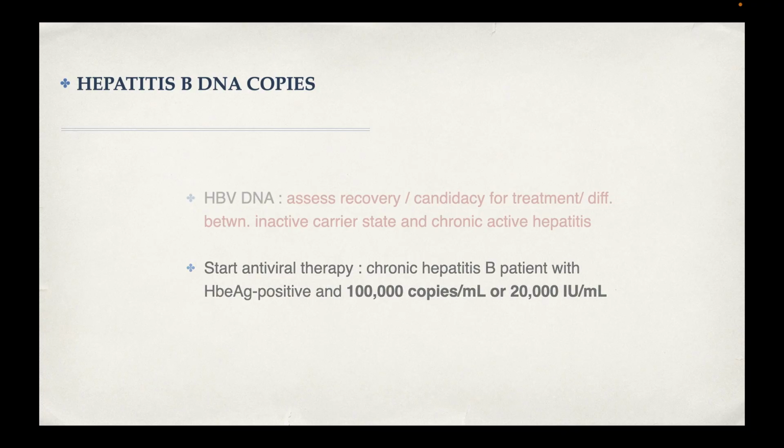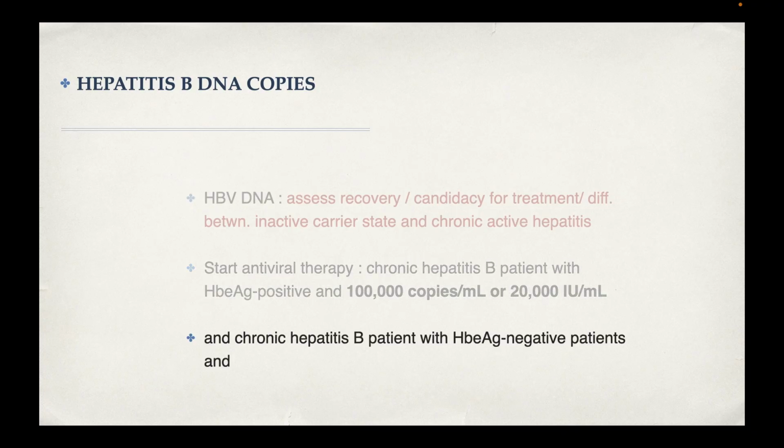Or if you have a patient who has chronic hepatitis B infection with hepatitis B E antigen negative, however, having viral loads of 10,000 copies per ml or 2,000 international units per ml. In these patients, you may initiate the antiviral therapy.